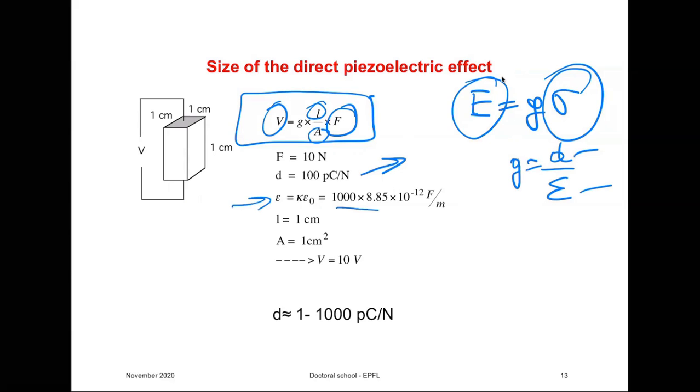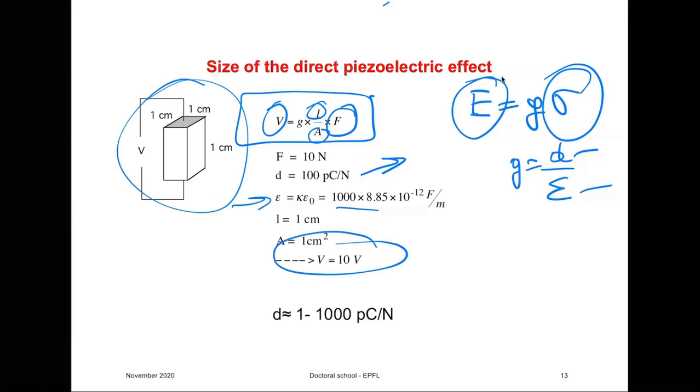Permittivity of about 1000 in relative units, and we consider a cube of about 1 by 1 by 1 centimeter. If you put all these numbers in the formula above, you will get something like 10 volts output for 10 newtons. Now 10 newtons is approximately 1 kilogram.